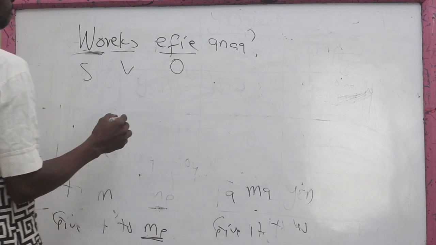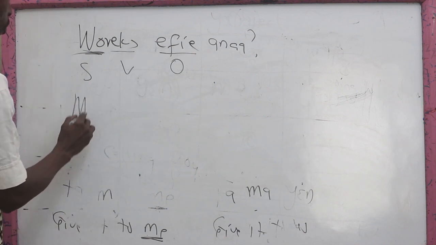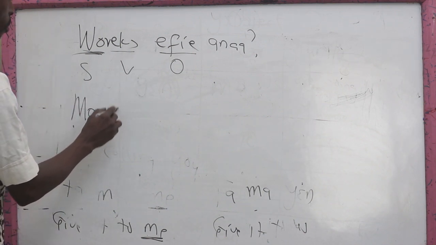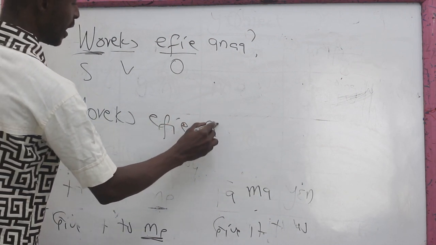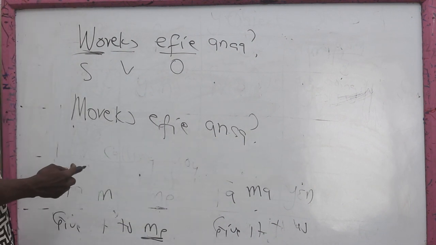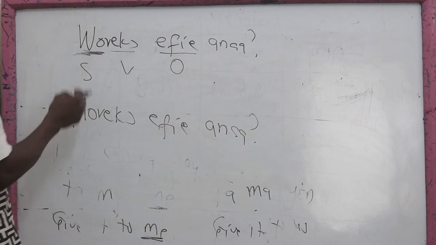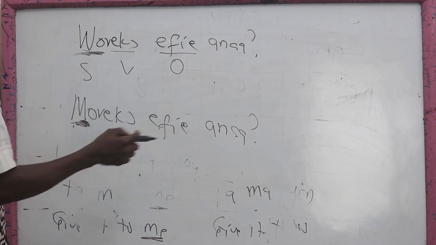The object. So with plural I can say mo. Mo ko ifye ana. Wo, this is singular and this is mo, as in you. Mo ko ifye ana.